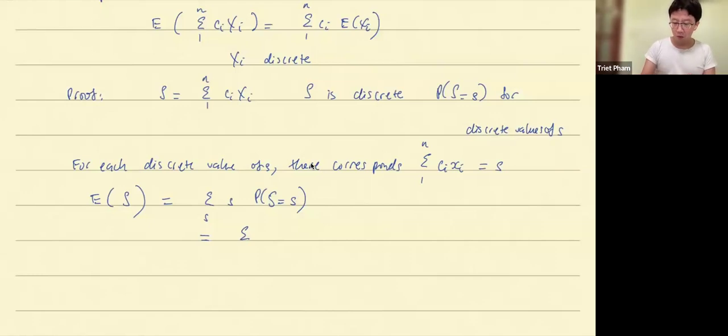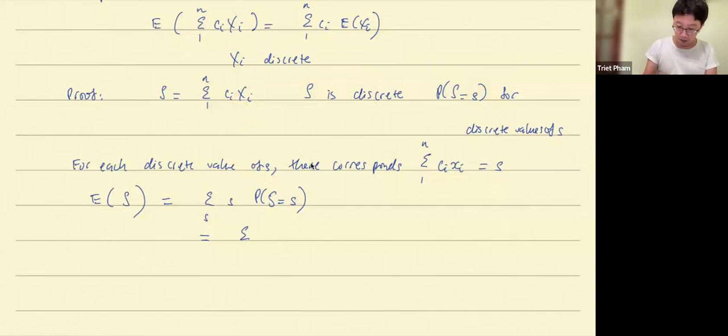Okay. So all we're saying is just something very, very mundane. If you look at this random sum, and you look at the probability that the sum takes on some values, then those values must come from the contribution of the individual Xi taking on the values that will sum up to those values.